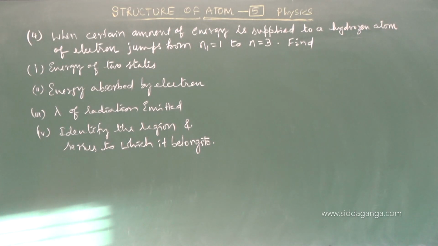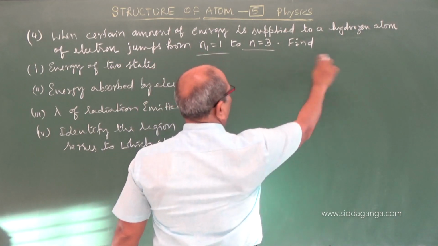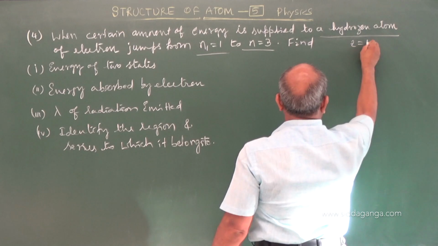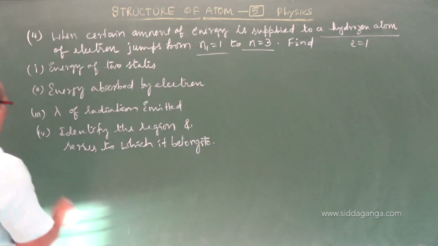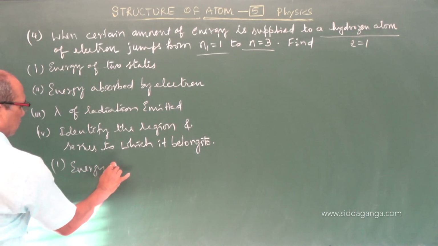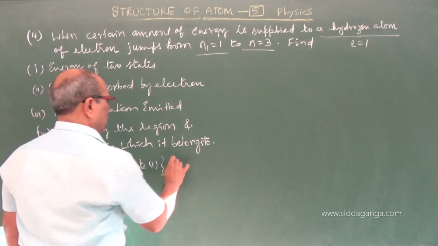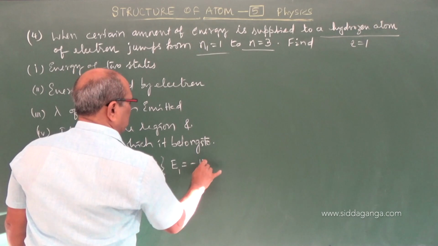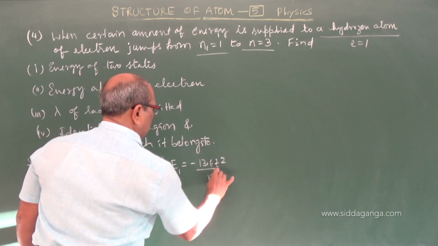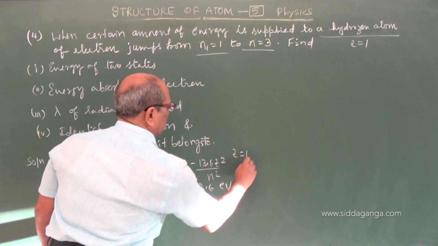So here they are given an electron is raised from orbit number 1 to orbit number 3 in the hydrogen atom for Z is 1. What are the energies of the two states? Energy in state 1: E1 equals minus 13.6 Z square by n square. Both are 1, therefore it is minus 13.6 eV, because Z is 1, n is 1.